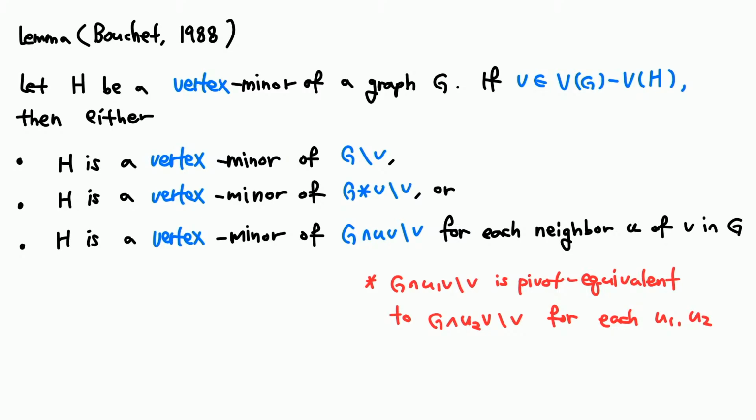The first operation is just deleting v, the second is taking a local complementation at v and deleting v, and the last is taking a pivoting and deleting v. For the last operation, it doesn't matter which neighbor of v we choose, because for different neighbors U1 and U2, the resulting graphs are pivot equivalent to each other.